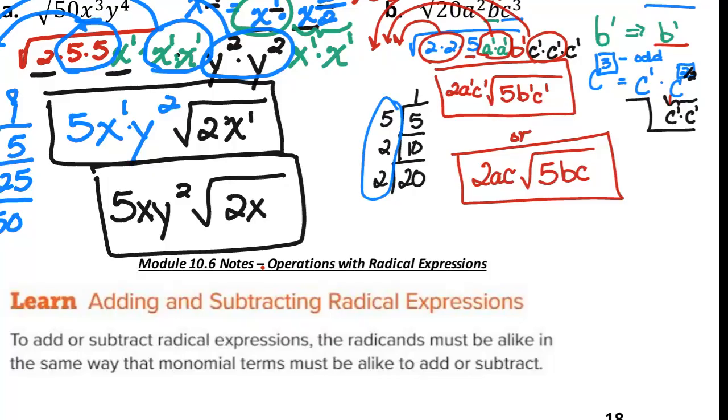That is 5x to the 1st and that z to the 1st. So this is your final answer. Or if you don't want to write the 1's, you can write it as 5xz.